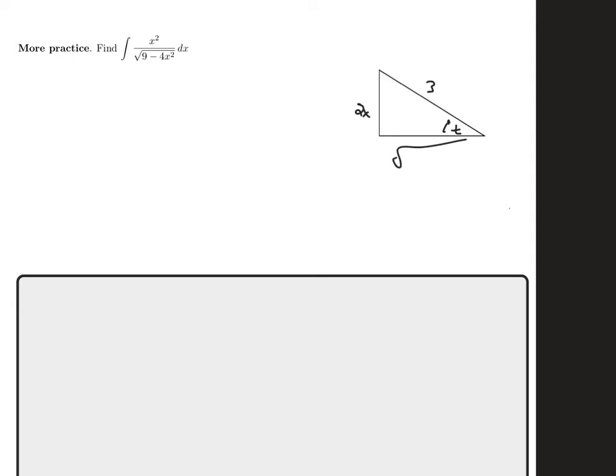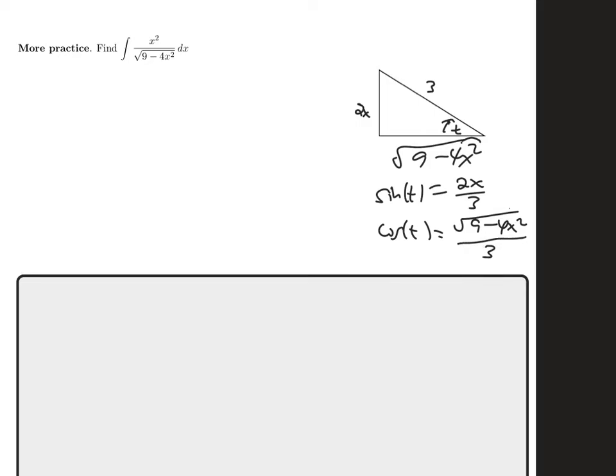And then the trigonometric relationship between the variable t and the variable x comes from the sine and cosine rule. Sine of t is 2x over 3, and cosine of t is square root of 9 minus 4x squared over 3.